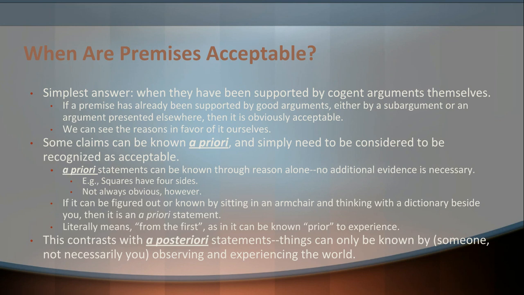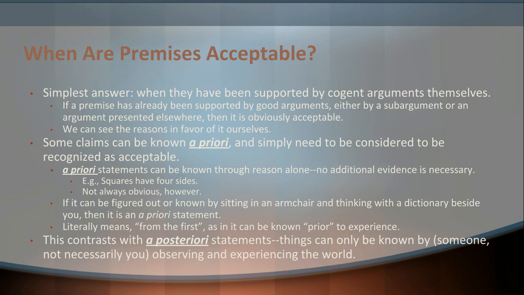An a priori statement is one that can be known through reason alone. All you have to do is look at it and think about it, and you can recognize that it's an acceptable or true idea. Some examples of these kinds of things are like squares have four sides, or bachelors are unmarried, or mammals all have fur, or something like that.